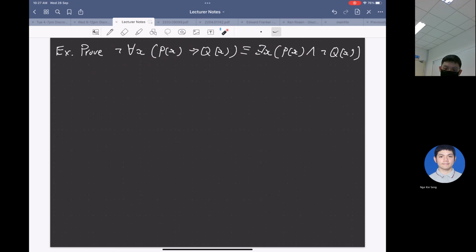This is an exercise, you should do it in your own time when you're free. Use De Morgan's law on the quantifier, and also on the sentence. I want to go to the next one. It's more interesting.